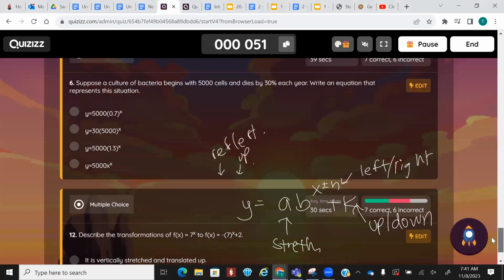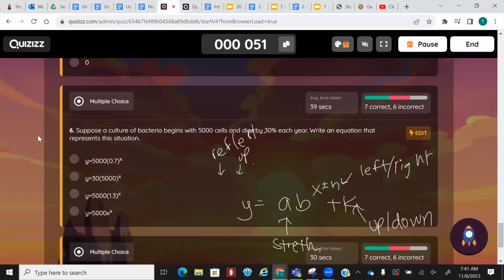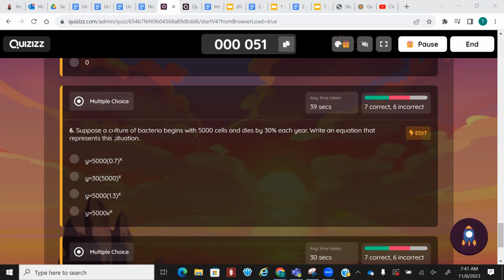All right. Let these be the easy questions, please. Okay. On this one, suppose a culture of bacteria begins with 5,000 cells and dies by 30% each year. Write an equation that represents this. So how much do we start with? It's 5,000. Okay, and we're dying by 30% each year.